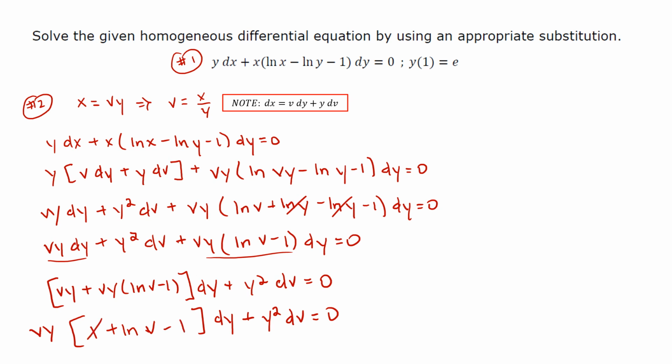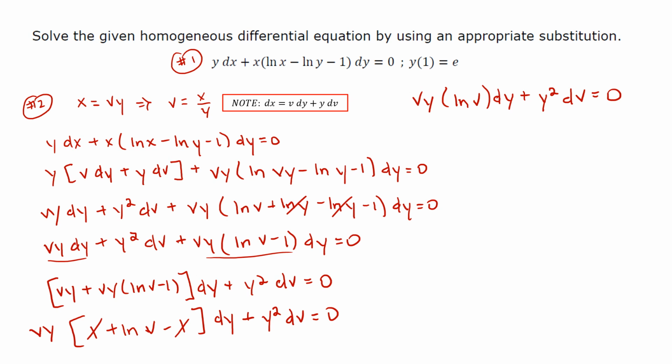So the 1 and the minus 1 cancel out. So we are left with vy times the natural log of v dy plus y squared dv equals 0. Okay, and so that's step 2.